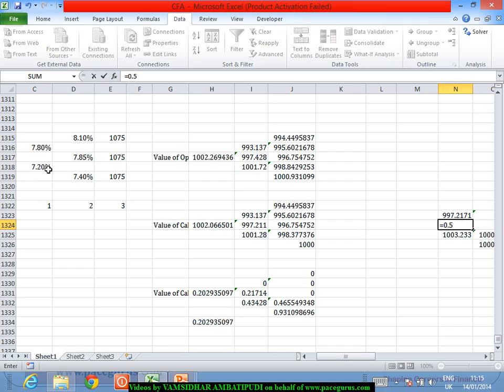Again the same logic, I am using 50% of this plus 50% of this, giving this as my expected value, and the same logic again. So this plus 75 divided by 1 plus 7%.